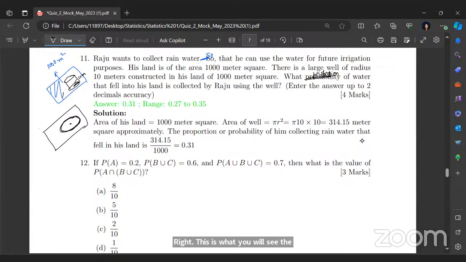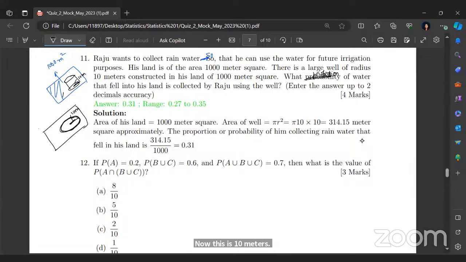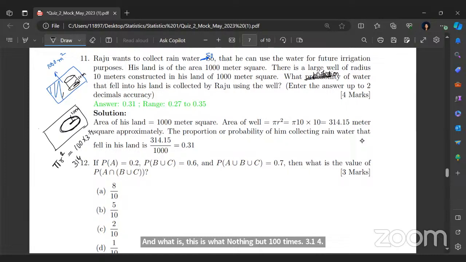Now this is 10 meters. So the area that this well covers, this is a circle, so this is pi r square, which is nothing but 100 times 3.14. So this will give you 314.